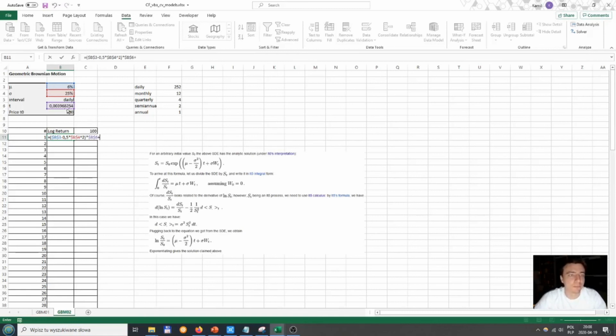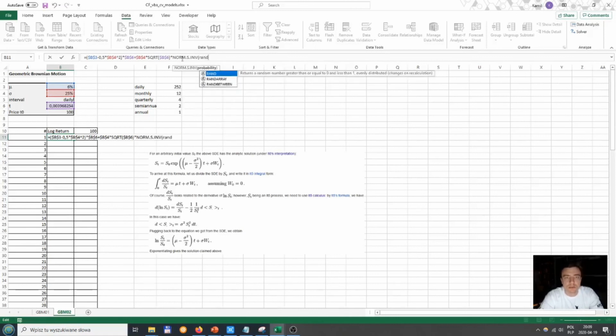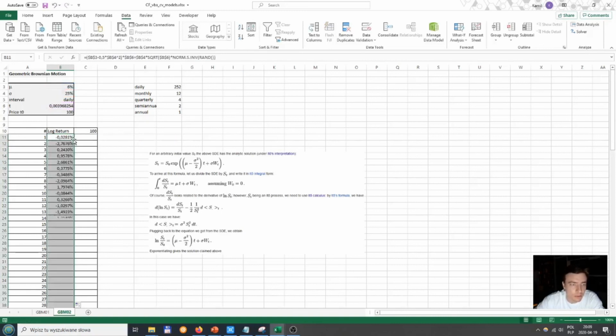So I have my volatility times, and because I have just standard deviation, I need to use the square root of this index t, and I need to now use the normal standard inverse distribution with random values. And this is my total function. This is my constant part times index t plus volatility scaled down times the normal standard distribution for this Wiener process. So this is my function.